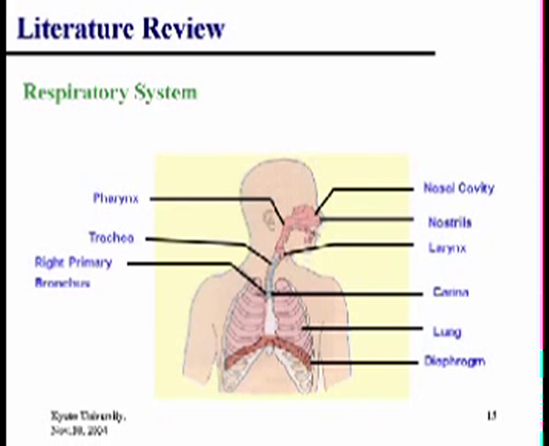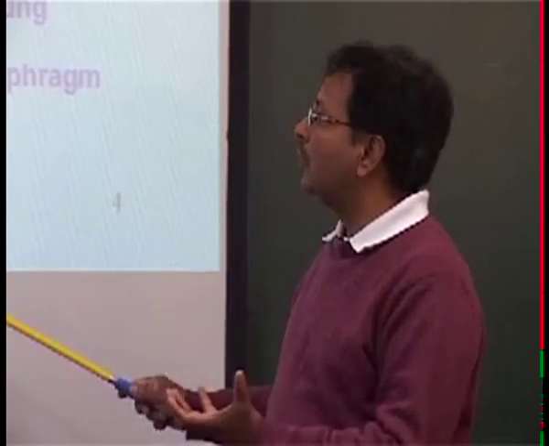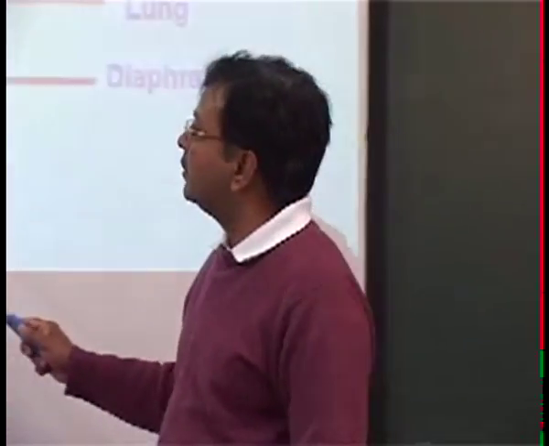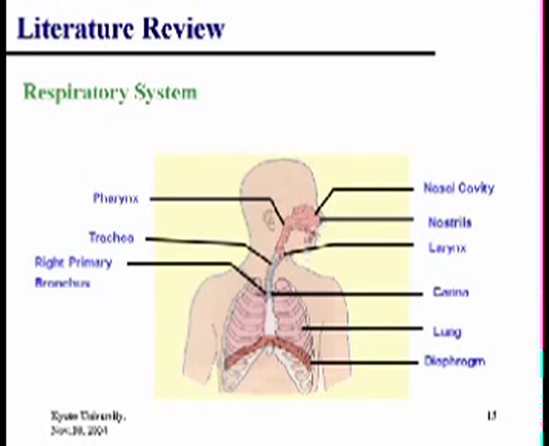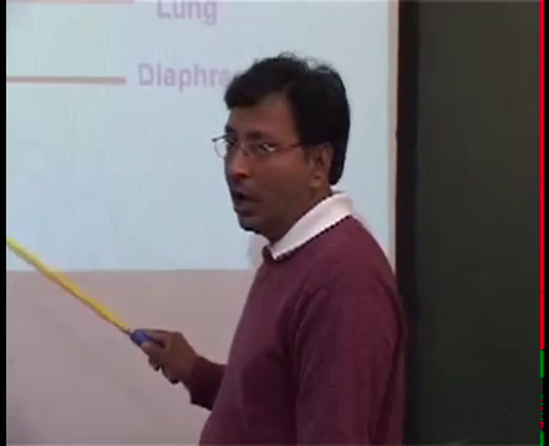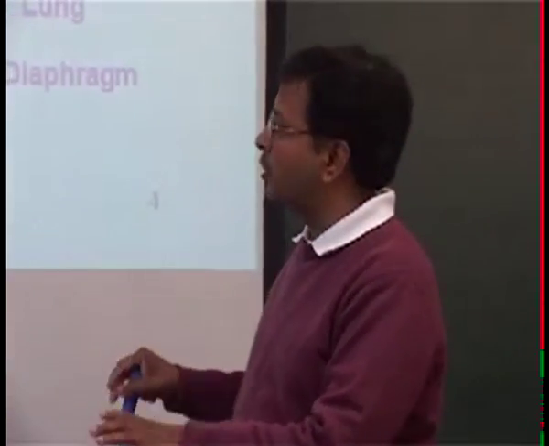You have the carina, these are the lungs, and this is the diaphragm, which is like a pump that pushes your lungs back and forth. Then this is the trachea, and it's not being shown, but on the left-hand side there will be the left bronchial and the right bronchial, and then further breakdown and classification as to what happens.